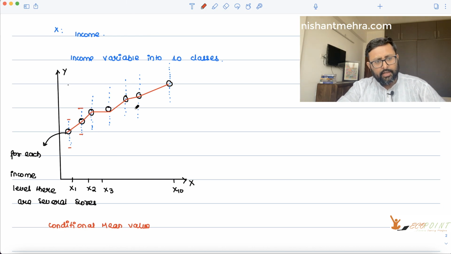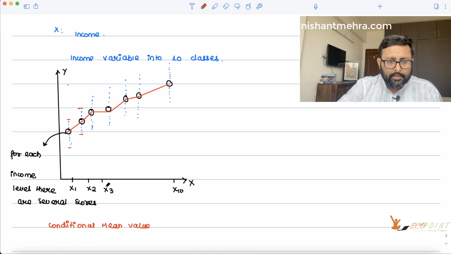In general, if you see, there is an upward trend. As your income levels are increasing, there is an upward trend in the marks which people are getting. In general, that's true, right?